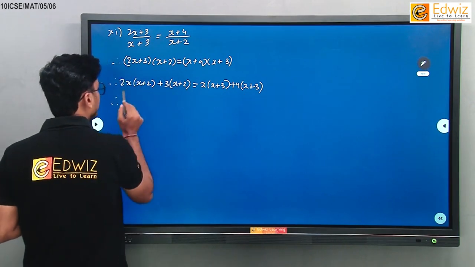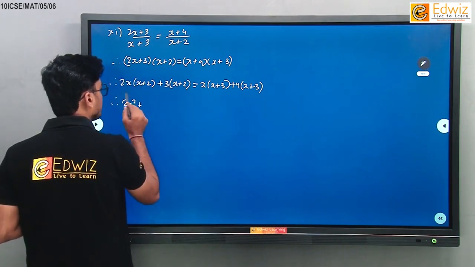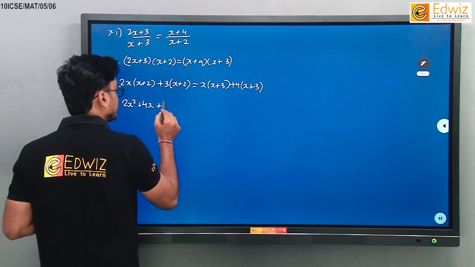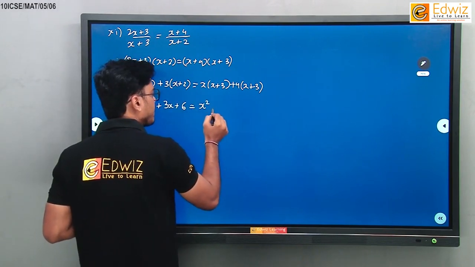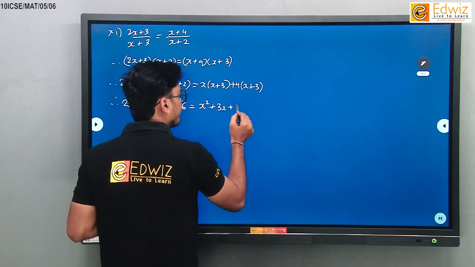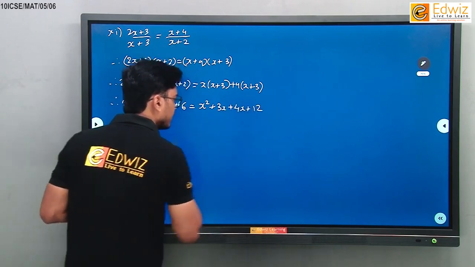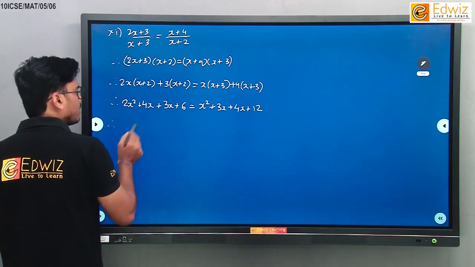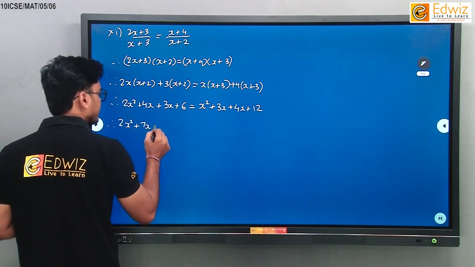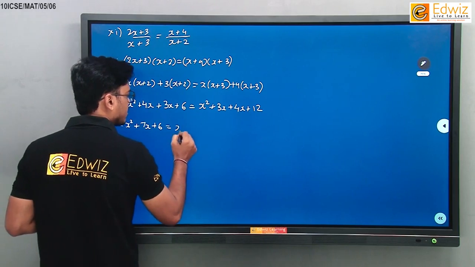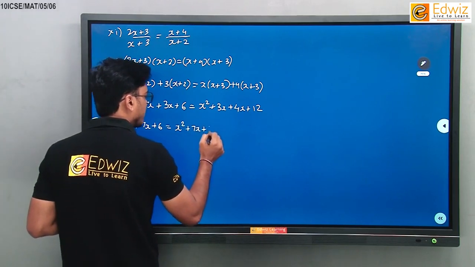Okay, so here you will get 2x square plus 2 2s are 4x plus 3x plus 6 and x square plus 3x plus 4x plus 12. Correct? Add the terms. 2x square plus 7x plus 6 equals to x square plus 7x plus 12.